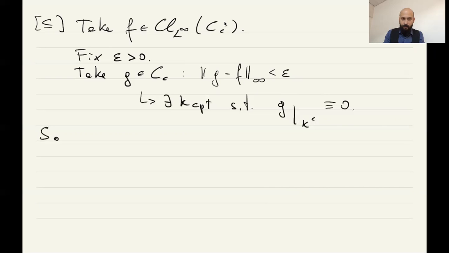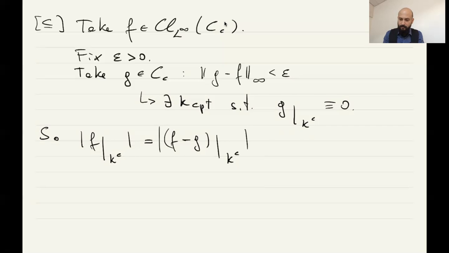So what do we have? That f restricted to the complement of K. You see, outside of K, g is 0. So I can just write f minus g restricted to the complement.